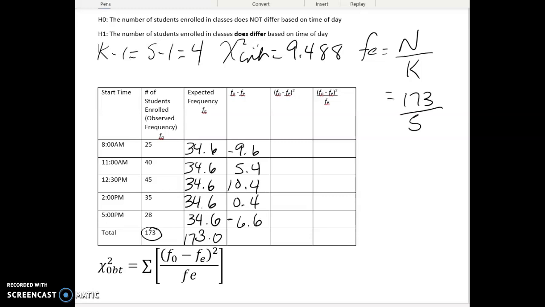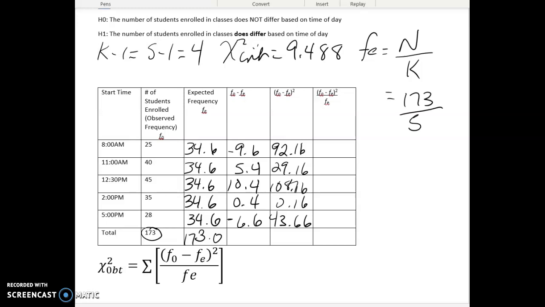So negative 9.6 squared is going to be 92.16. 5.4 squared is 29.16. 10.4 squared is 108.16. 0.4 squared is 0.16, and negative 6.6 squared is going to be 43.56.